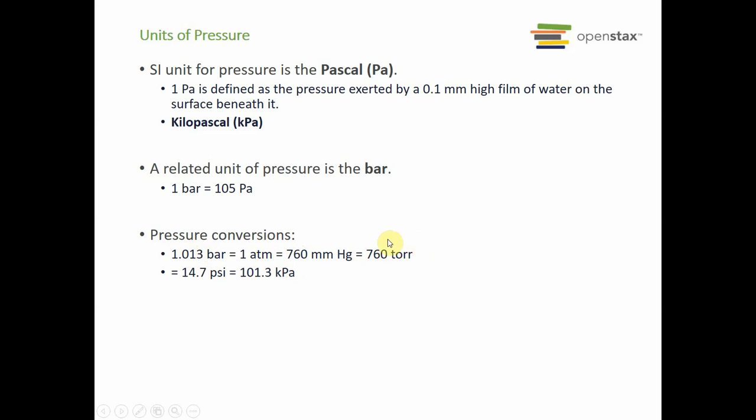There's the term torr after the Italian physicist Torricelli. So they named the millimeter of mercury after Dr. Torricelli. And then you've got the pounds per square inch, or PSI, and put into pascals, that 1.013 is actually 101.3 kilopascals.